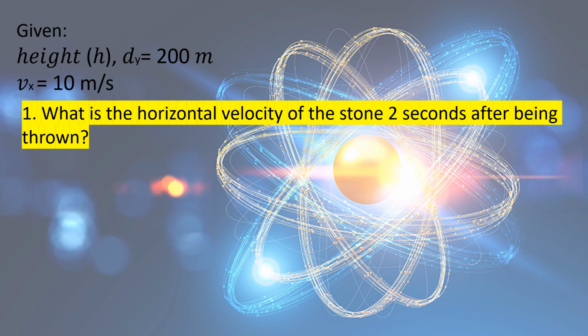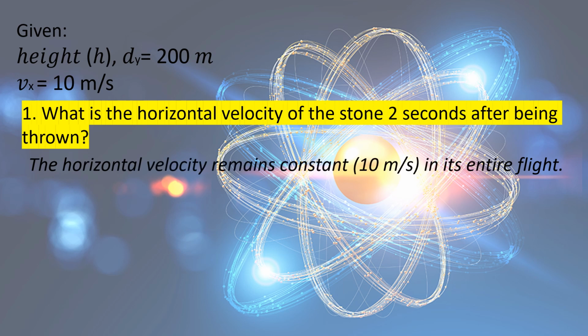Remember, class, that a projectile that is being thrown has a constant horizontal velocity. Therefore, the answer is the horizontal velocity remains constant at 10 meters per second in its entire flight.